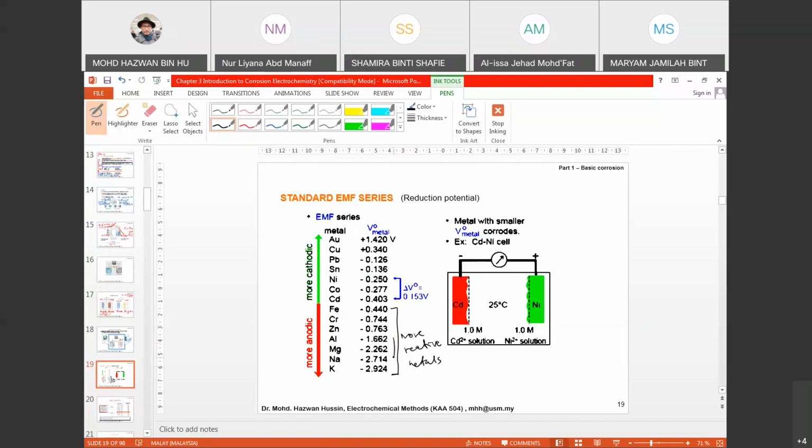When it goes down, more negative, more reactive metals. Then you have more anodic possibility as compared to the positive potential. For more positive potential, less reactive. So when you have a less reactive metal, then it can be more cathodic.